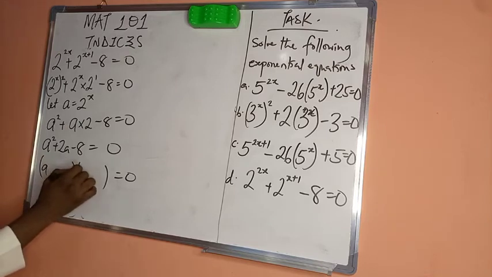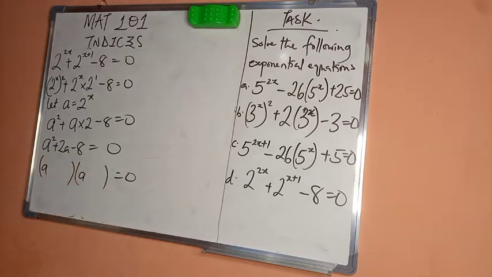Two numbers that multiply to give minus 8 and add up to 2. That's plus 4 and minus 2. So you just say plus 4 here and minus 2 here. Because plus 4 times minus 2 is minus 8, and plus 4 minus 2 is plus 2.